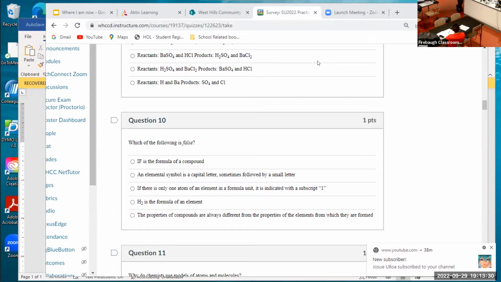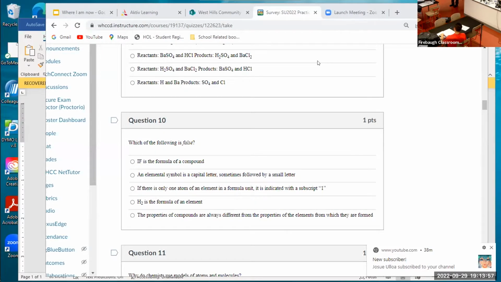You said two different that are coming together. Okay, so what is a molecule? A molecule can be two of the same. Can it be two different? Yeah, that's right.